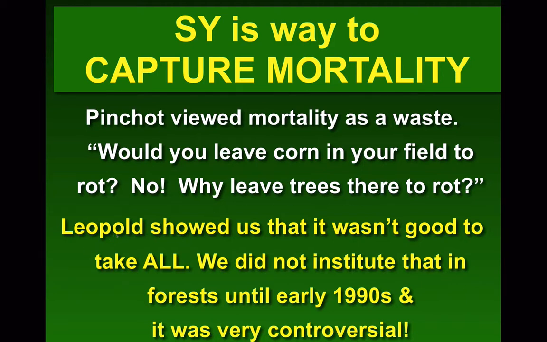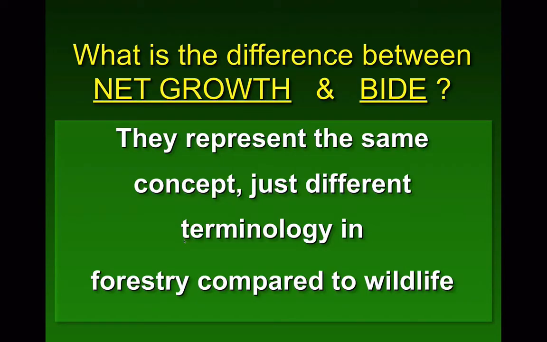So foresters or loggers would like to get in there right away and harvest those dead trees. But Leopold showed us that it's not good to take all. But we didn't actually institute that in forestry in this country until the early 1990s. It was very controversial whether we should just leave dead trees out there. Now there are requirements that some dead and down trees be left in a forest when you log it.